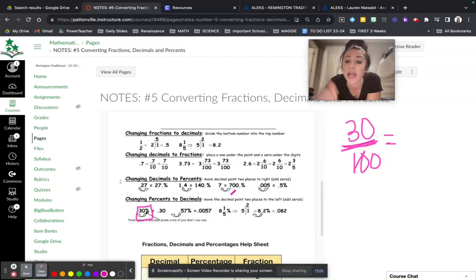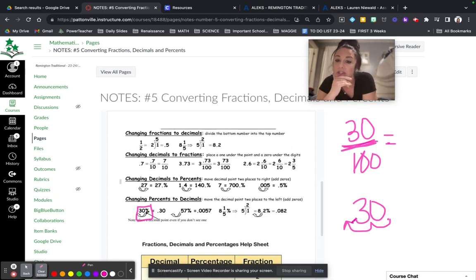I am using the same cheat method as before. I have my 30, right? And I know I'm going to divide. So my number is getting smaller. That means my invisible decimal point is going to have to move twice to the left this time because I'm getting smaller. That's the direction it has to go to get smaller, right? So I'm moving it twice because I'm dividing by 100 and I have 2 zeros.